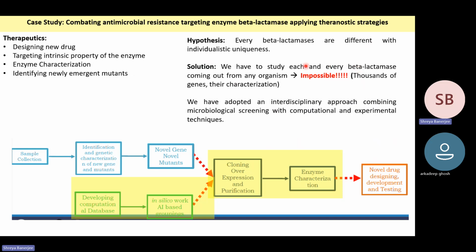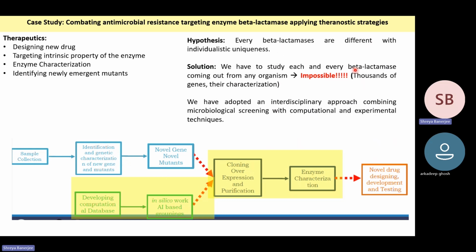So although different organisms have different beta-lactamases, they can be divided into classes based on similarity in their gene sequence and so on.